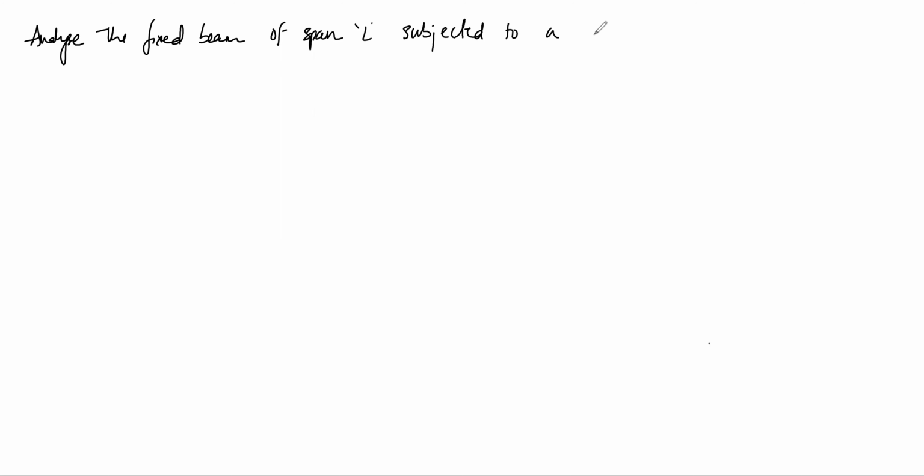Let us see another example of fixed beam. So the question is, analyze the fixed beam of span L subjected to a full UDL of W per unit length over its entire span.